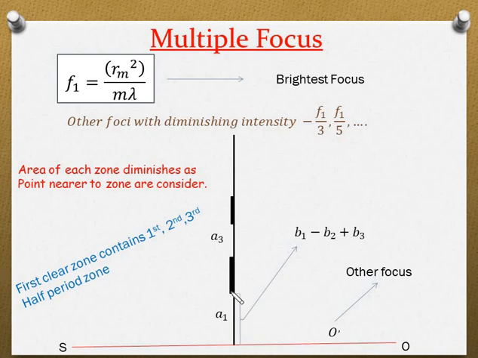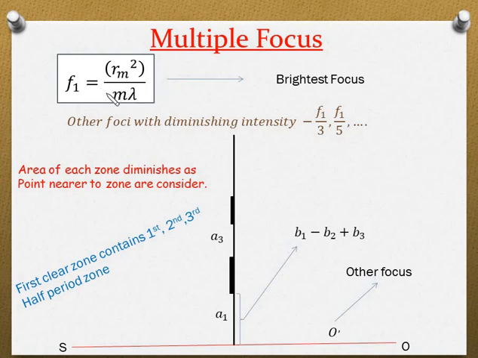So the resultant disturbance for any transparent zone will be maximum only for the point O, and it will reduce for any other further point. In that way, we can consider that this system has multiple foci, but the brightest focus is O, and the brightest focus is given by this.